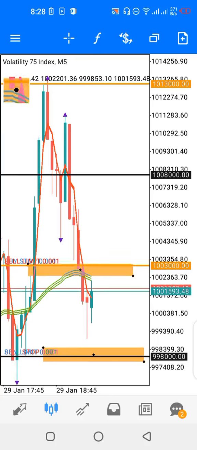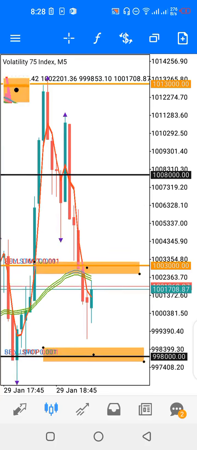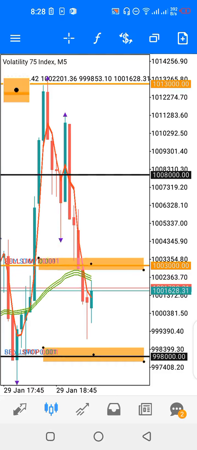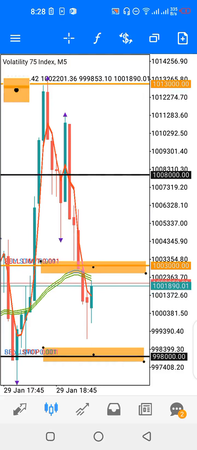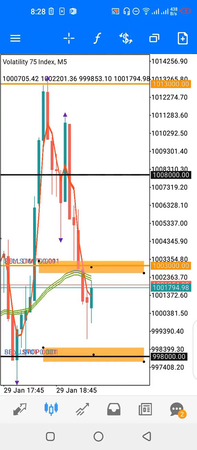And then I'll set pending orders with the 4,000 point hedge spacing. I'll set pending orders around the 2 entries. Okay, for my hedge trades with 0.003 lot size.